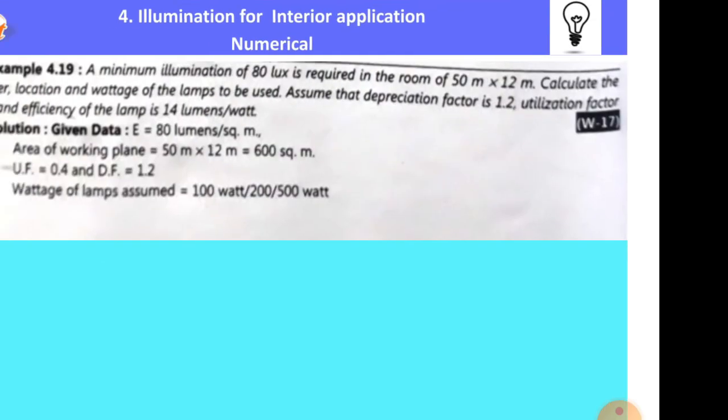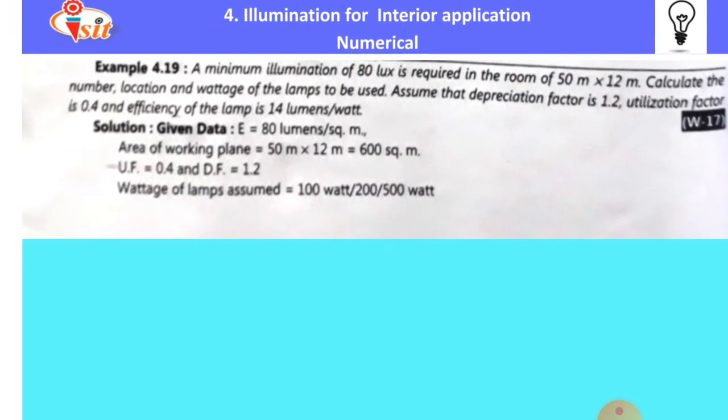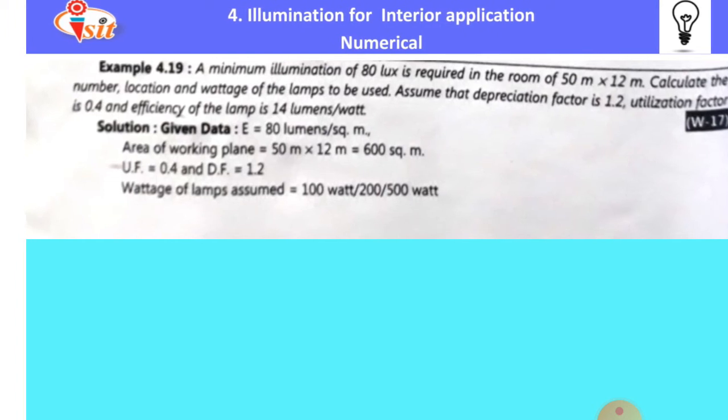Again a similar problem. So given data: illumination required is 80 lumens per square meter or 80 lux. Area of working plane, that is 50 meter by 12 meter, 600 square meter. Utilization factor is 0.4 and depreciation factor 1.2. Wattage of lamps assumed 100 watt, 200 watt, 500 watt.